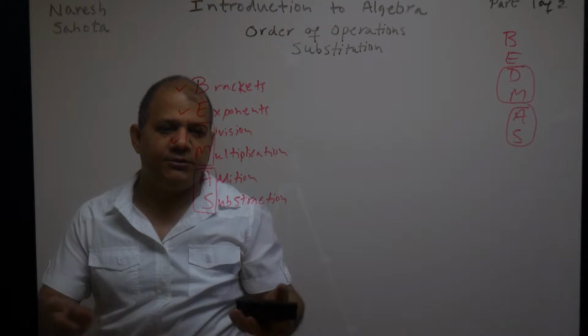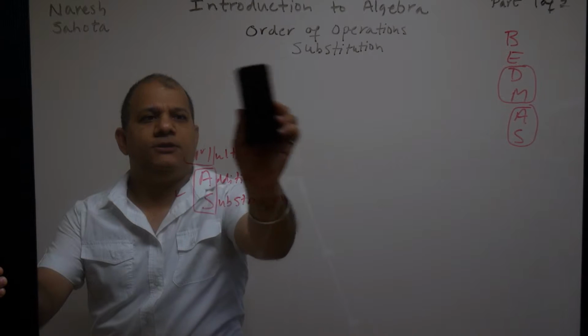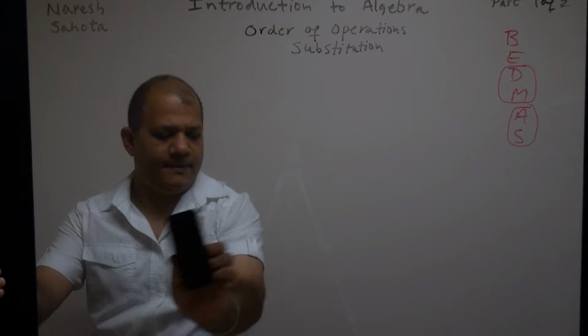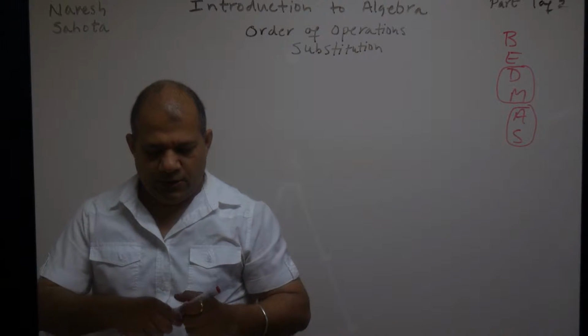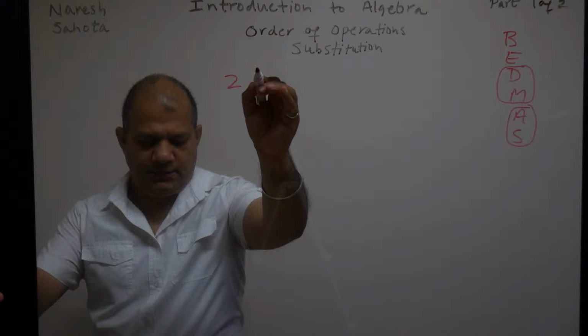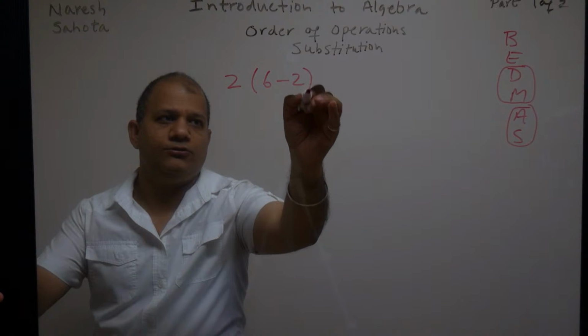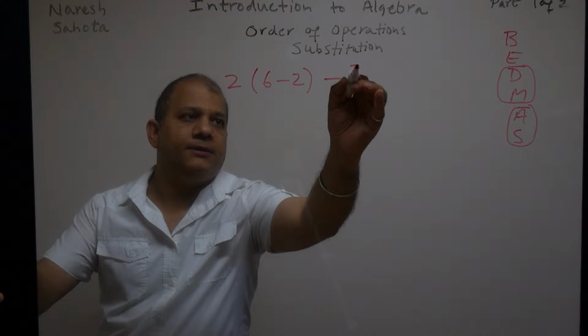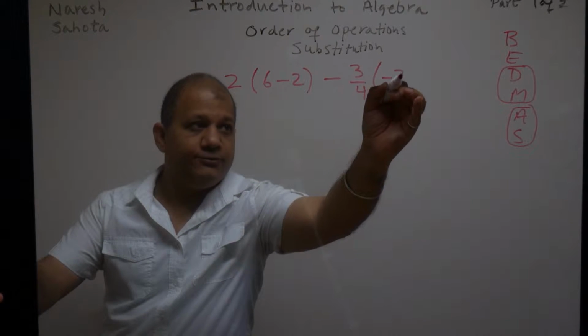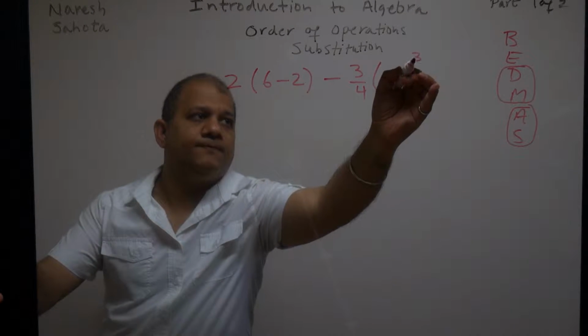Alright, so we'll do one example to understand the concept. Here we're given a question like this: 2 times (6 minus 2), minus 3 over 4 times (-2) cubed.